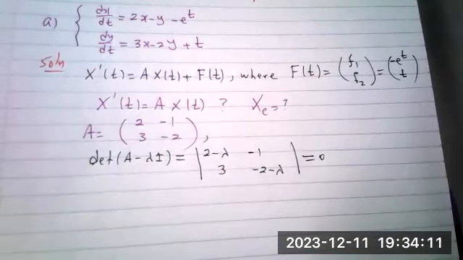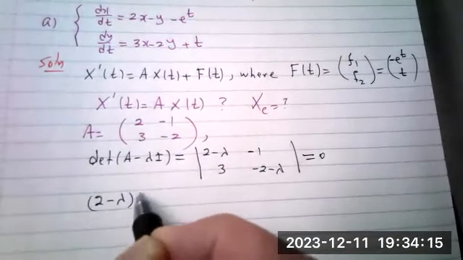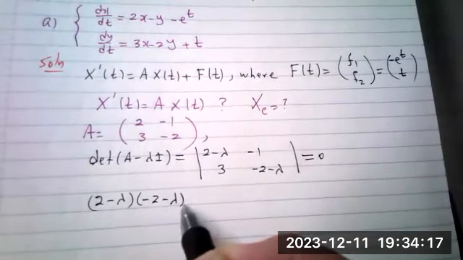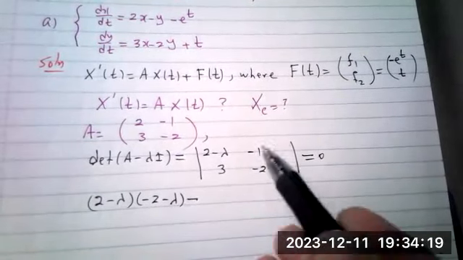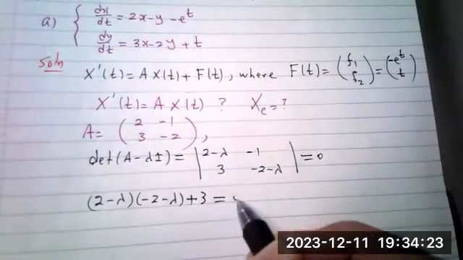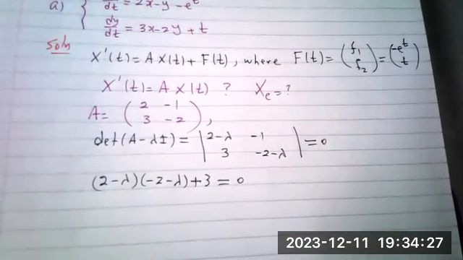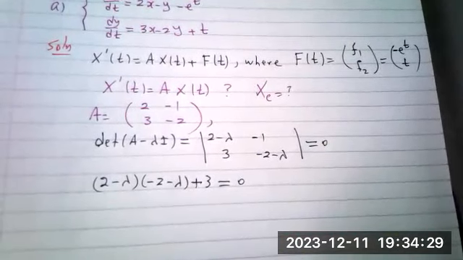Work on this one. Cross multiply to get the determinant: 2 minus lambda times -2 minus lambda, minus 1 times -3, which would be negative, so make it positive, equal to 0. You can multiply it, or you can pull out the negative sign, or use the special product. Doesn't matter really.